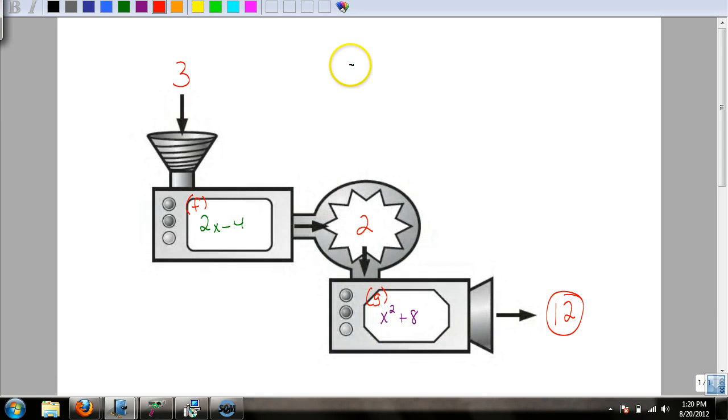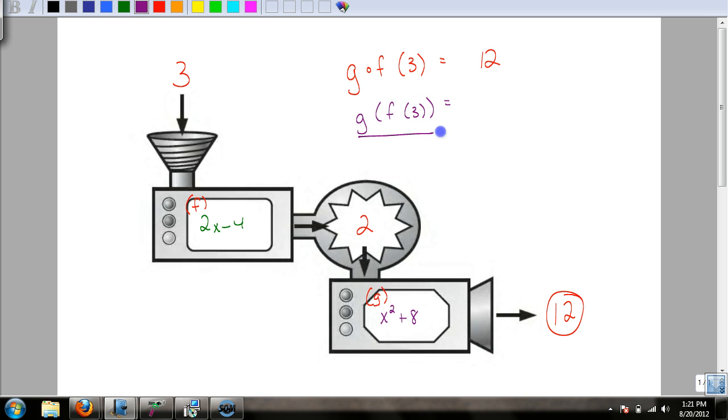So the way that we would write this would be g following f of 3 equals 12. Personally, I prefer writing my composition of functions like this, because usually we're not going to know the answer. We're going to see a problem that says g following f of 3 equals what answer?